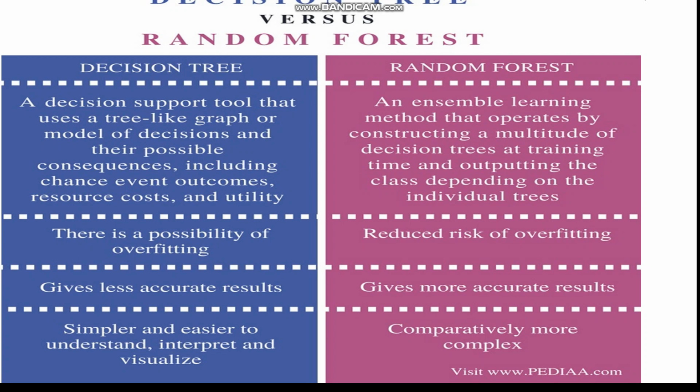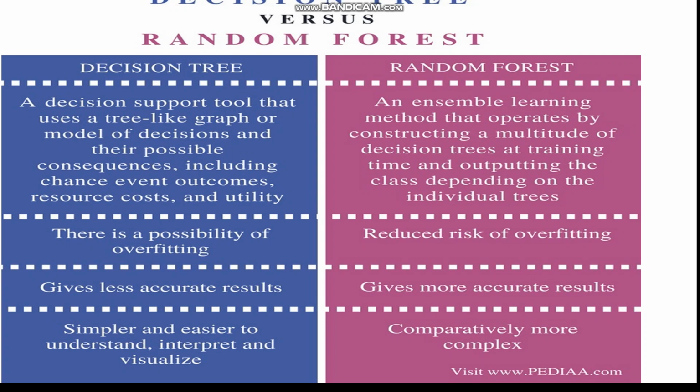So if we have a small amount of data and the information is complete, that is, we are not having many missing values, then in that case we use decision trees. But if we have so many missing values and we want to maintain the accuracy, then random forest is used, which will maintain the accuracy when a large proportion of the data is missing.